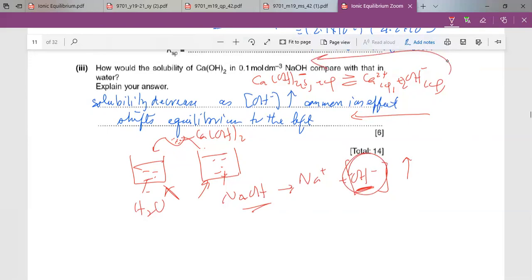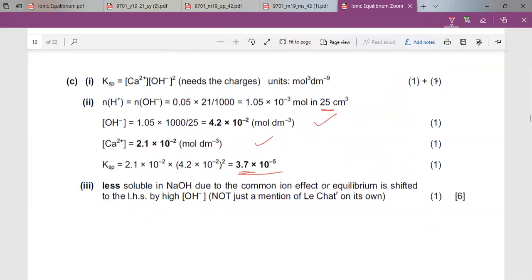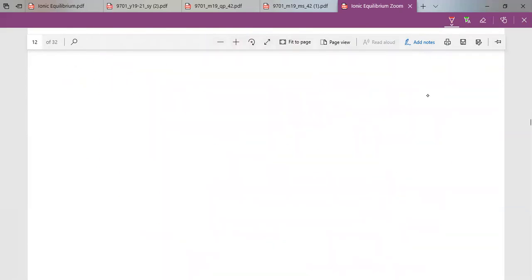So how would solubility change? You must say solubility will decrease. Why? Because of the OH minus here, common ion effect, shifts it backwards again to the left. Less soluble, 1 mark. Because of the common ion effect, high OH minus will shift it backwards. They didn't say which side, okay, left hand side. 1 mark only.